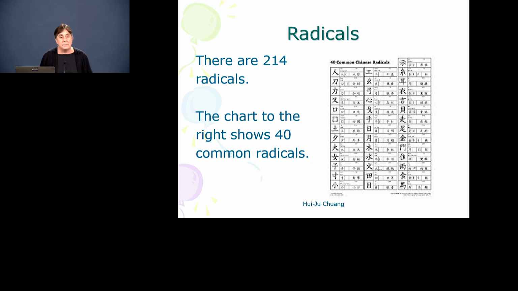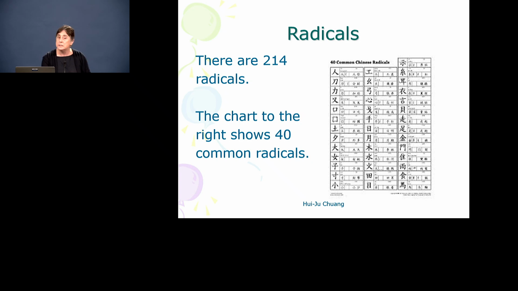The reason we want to think about radicals is because it helps us make some sense of what might look like a bunch of meaningless lines. So when you're familiar with the radicals, you can learn new characters more quickly, because you can identify what pieces you've seen before.